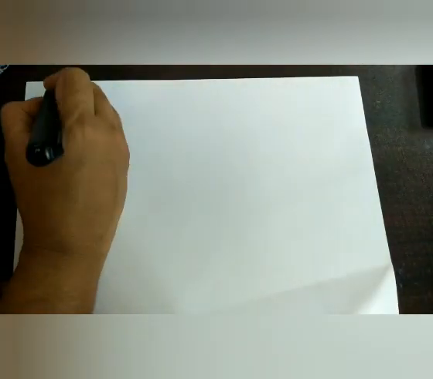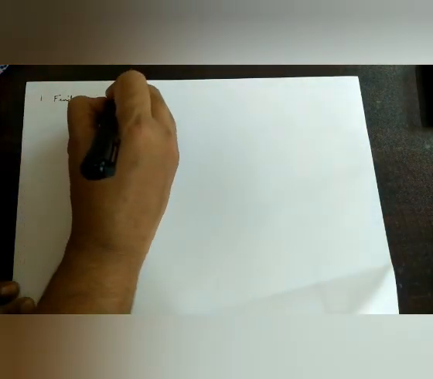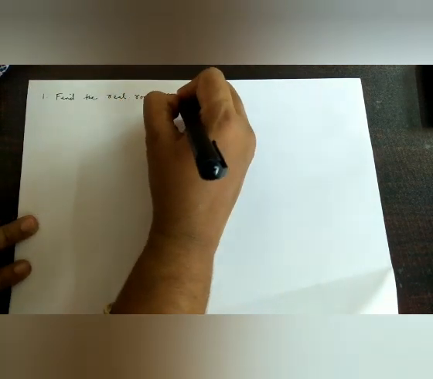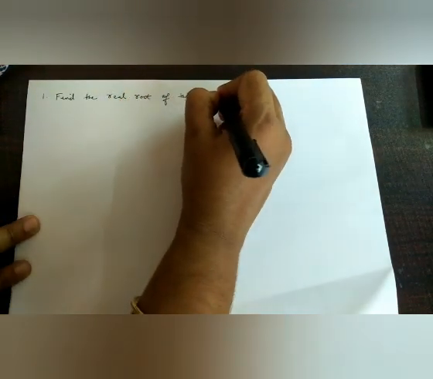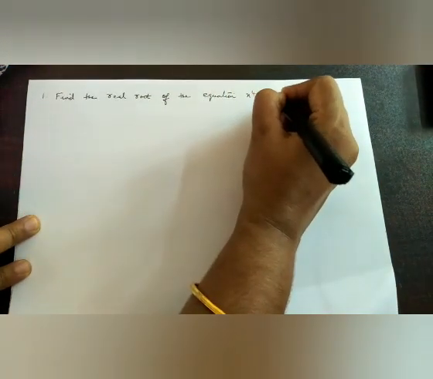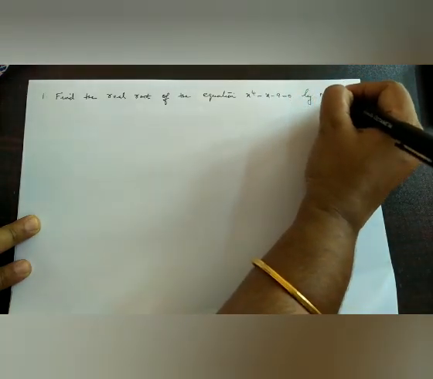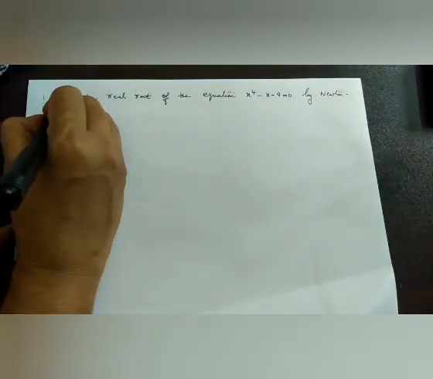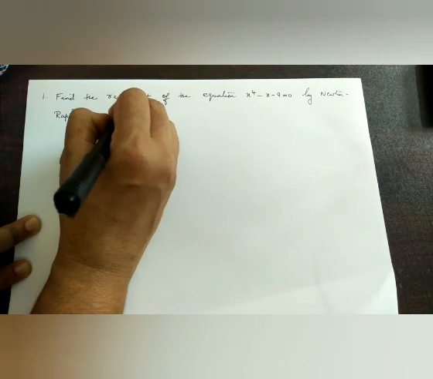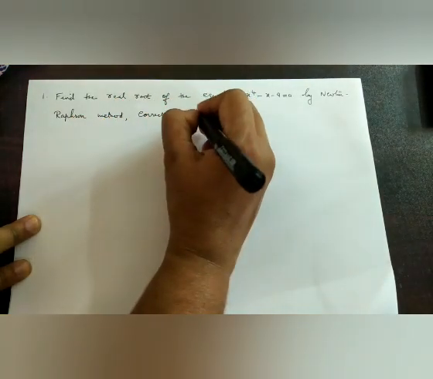First question, find the real root of the equation x^4 - x - 9 = 0 by Newton-Raphson method, correct to 3 decimal places.